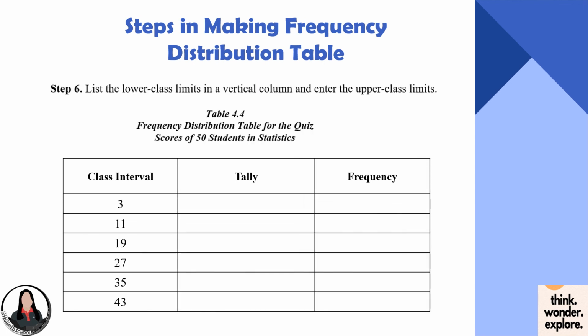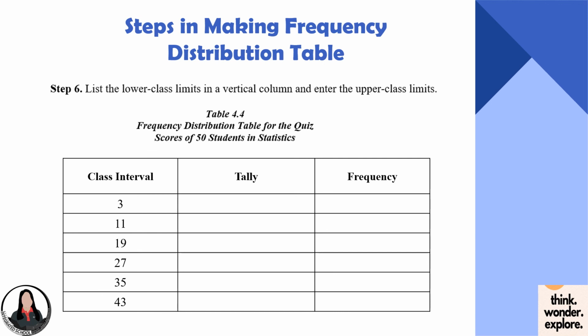For step 6, list the lower class limits in a vertical column and enter the upper class limits. Since we already have the lower class limits, we need to find the upper class limits. Our first class started at 3, so where will it end? To know that, where did the second class start? At 11.